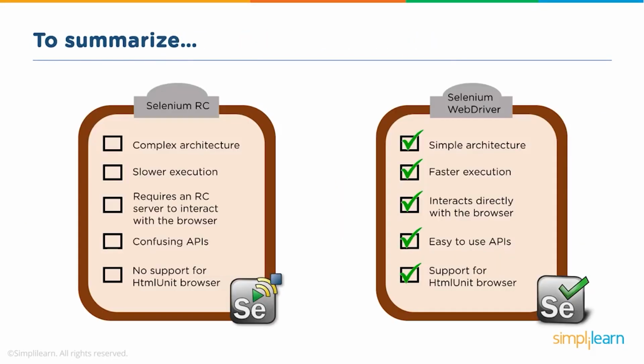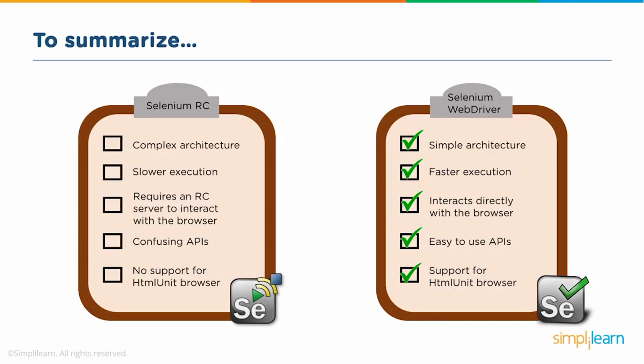Now, to summarize all this, if you look at the RC and WebDriver comparison which we talked about, RC has a complex architecture, whereas WebDriver has a simple architecture, mainly because WebDriver removed the need for an intermediate server. The execution of your test cases or automation scripts is much slower in RC than in WebDriver.